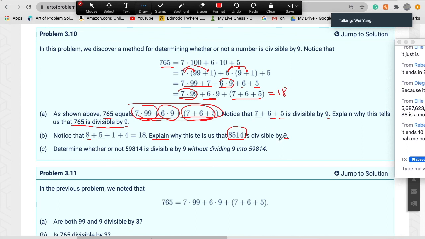Yeah, it's right, but actually they ask you to explain it this way. You need to break it down like this.